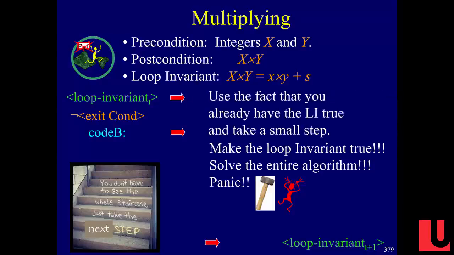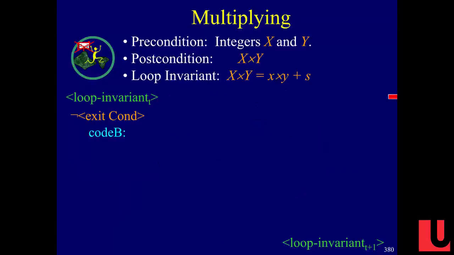We use the fact that the loop invariant is already true. We're flying in from Mars, and we don't know how we got here. We have no idea about what happened before. All we know is that the loop invariant is true with respect to the old values. Everybody got that? And then the exit condition: we haven't exited.